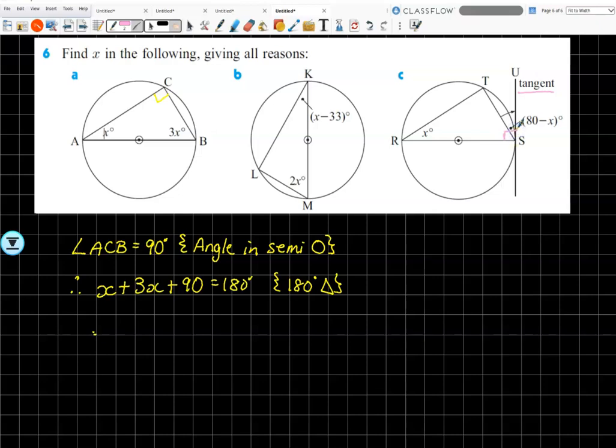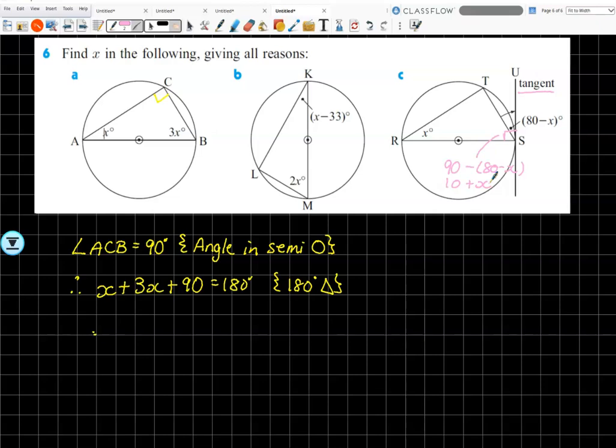Do we know anything else? We know what part of it is. Yep, that's 80 take x here. So this angle here would have to be 90 minus 80 take x. So it is 10 plus x. Do we know anything else?